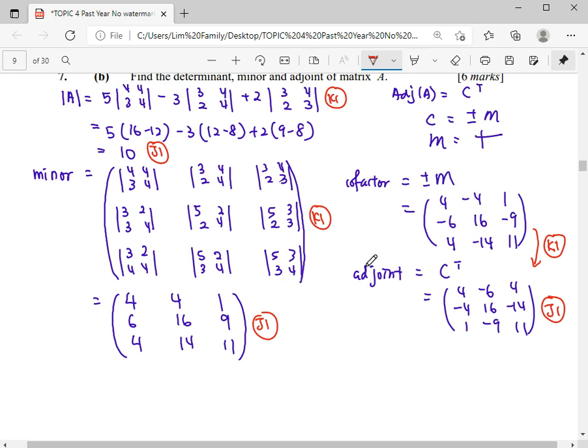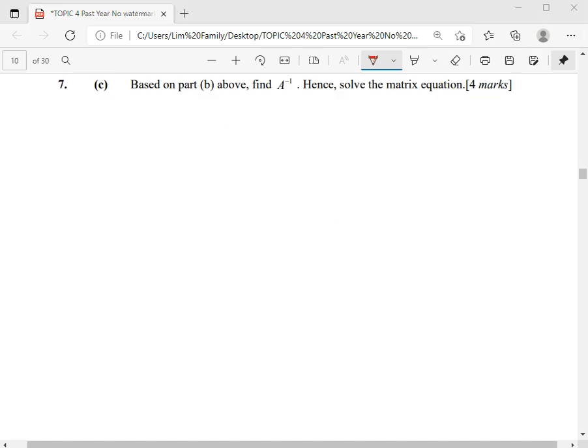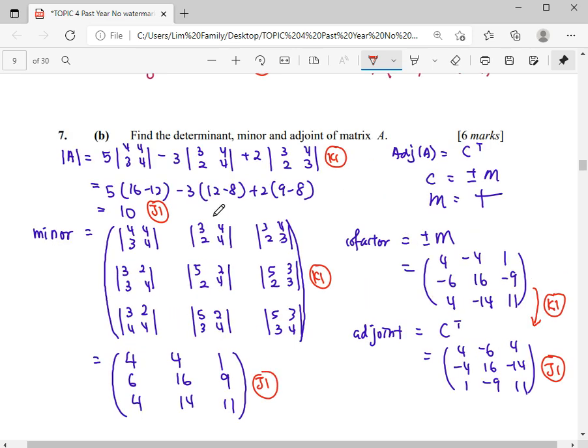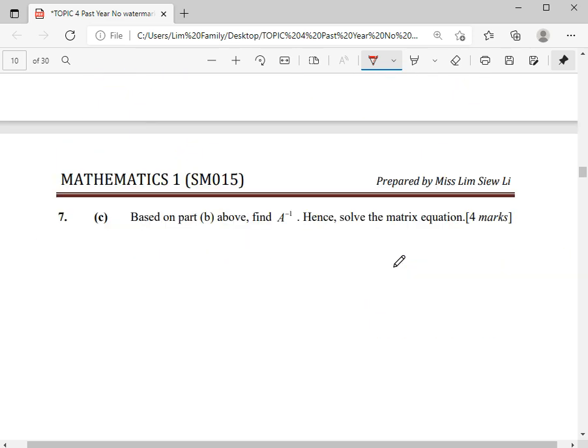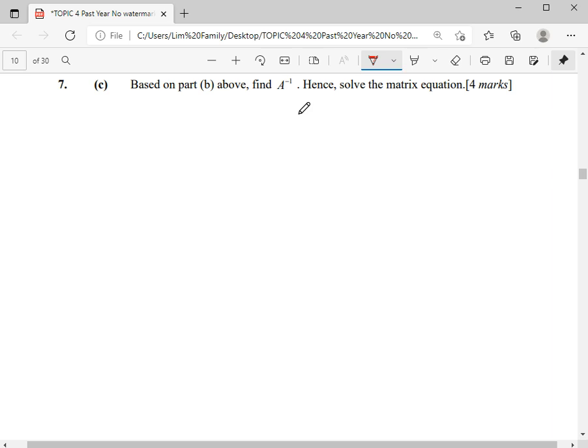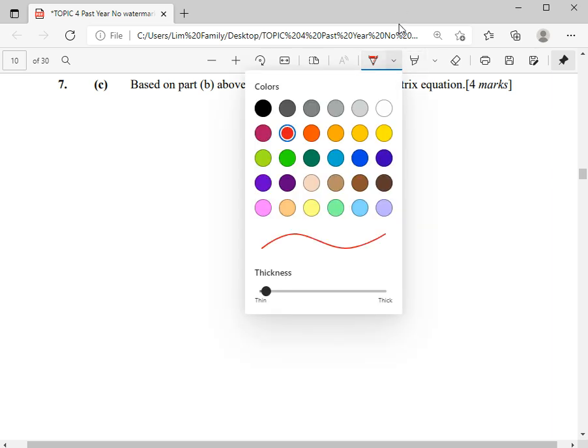Then we continue with question C. They said, based on part B, find A inverse. In part B, what we have done is the determinant and adjoint, so when you want to find A inverse, we are using the adjoint method.